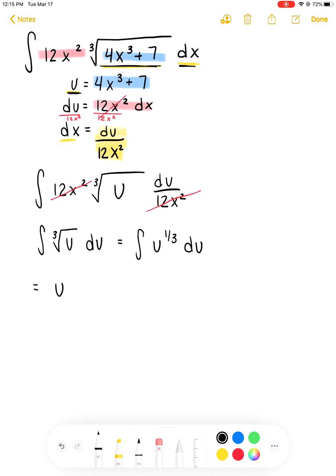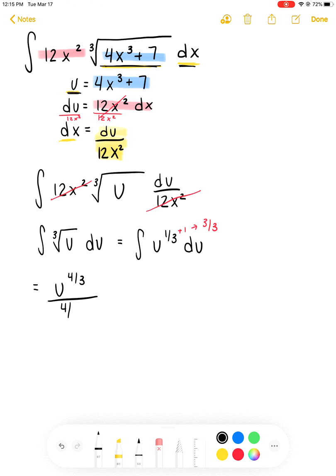So I'm going to say, okay, to find my antiderivative, I have to add 1 to my exponent, which is really like adding 3 over 3, because I need common denominators when I'm adding fractions. 1/3 plus 3/3 gives me 4/3.